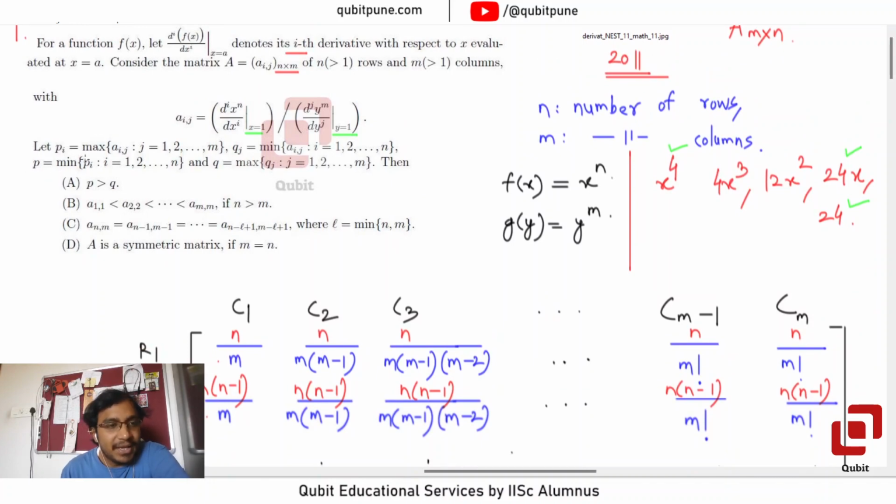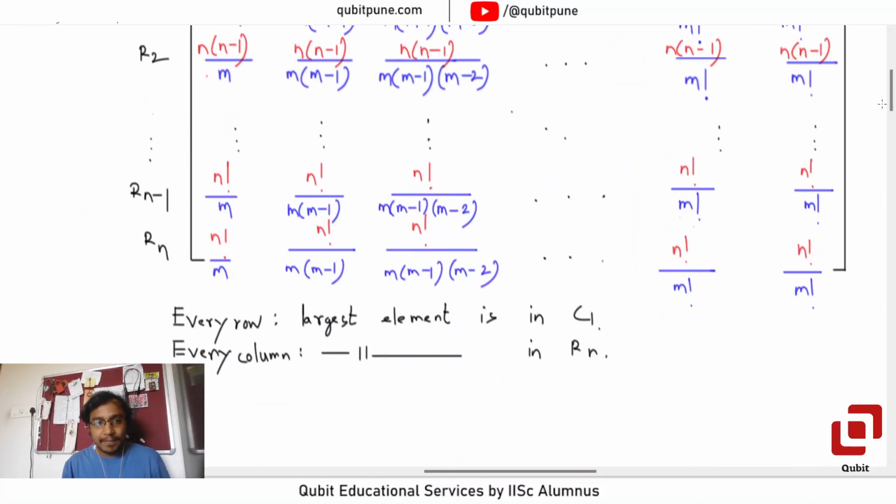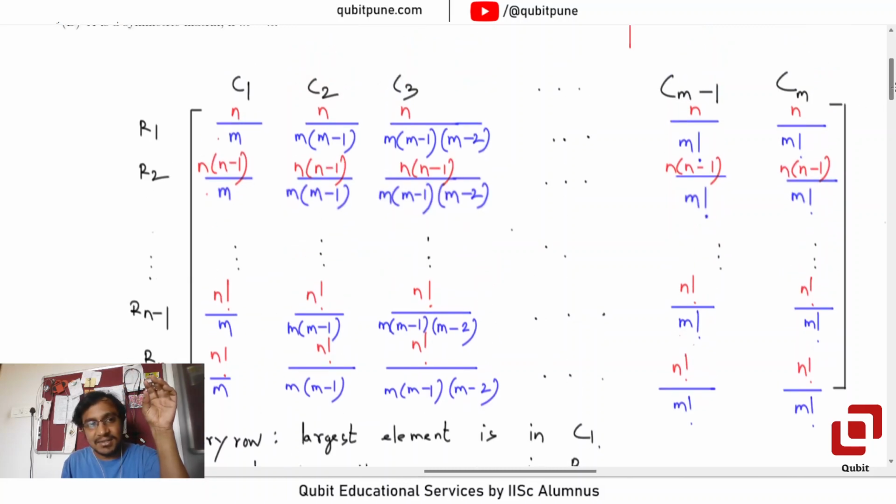Okay, what is Pi? Pi is the maximum of Aij where j goes from 1 to m. Now look, so Pi refers to some row, right? Pi refers to elements in a row, and we want the maximum of the values. So what will be Pi? In every row, which element is the largest?